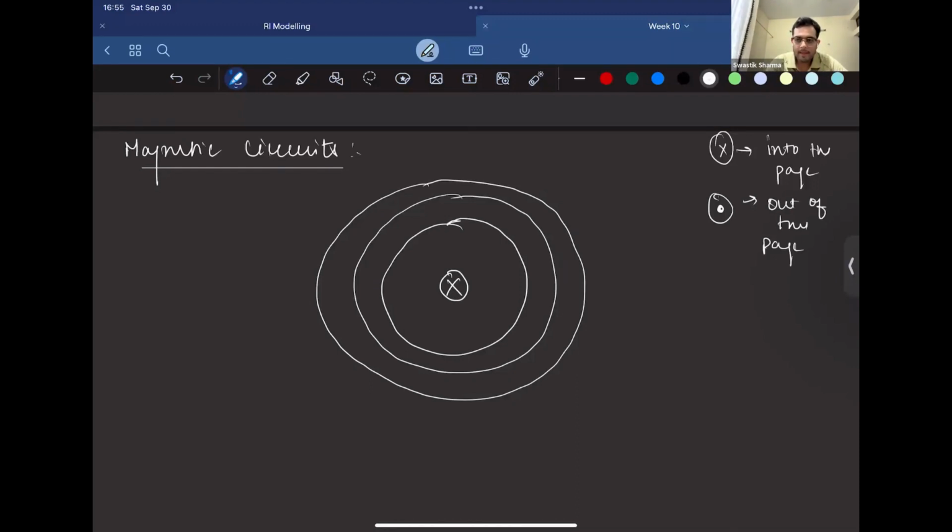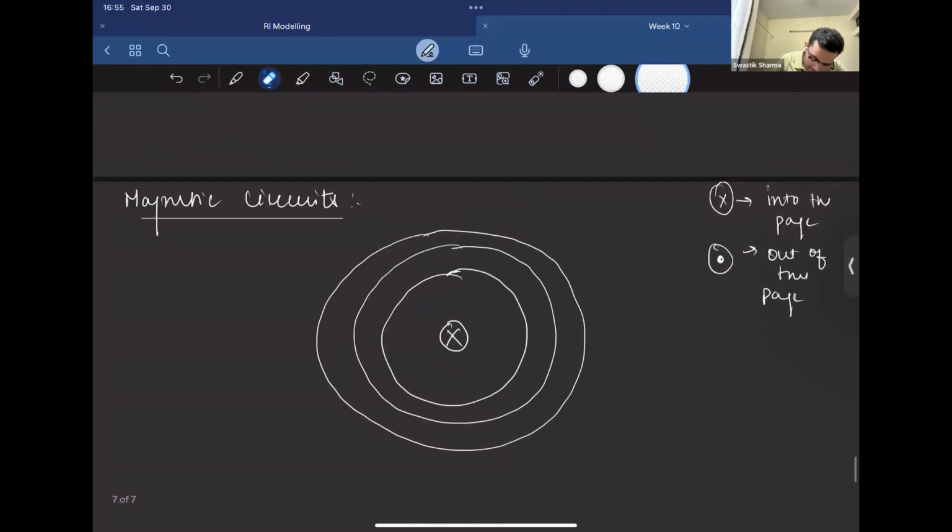Now, whenever some other conductor is placed inside this magnetic field, it experiences a force, right? That's the whole working of electromagnetic systems such as generators or motors. When they are kept in a magnetic field, they experience some force.